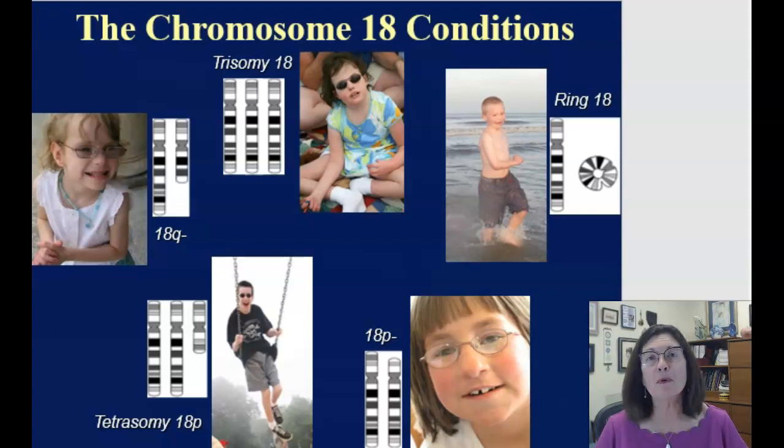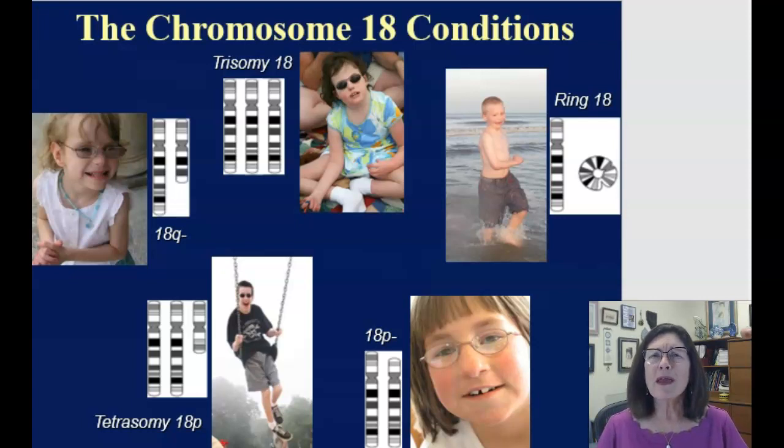And for example, everyone with an 18q duplication has a different region of duplication. Same goes for the P-arm or ring. There's huge genetic variability between any two people, even though they're in the same group of chromosome 18 conditions.